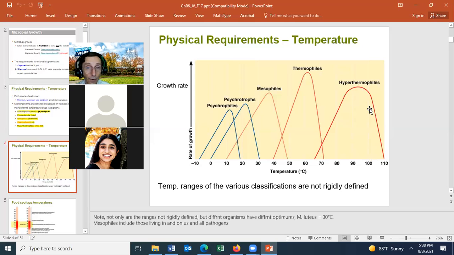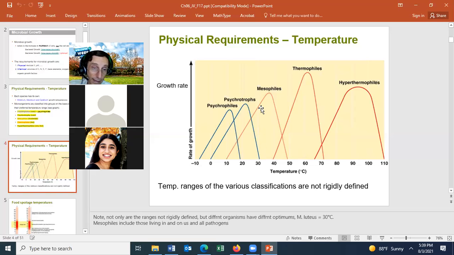Now, when we say an organism is a mesophile or whatever, the optimum and the range are not highly defined. Each species will have its own optimum and its own range. For example, most human pathogens do grow best at 37 degrees Celsius, but Staphylococcus aureus, when it's growing on the skin, or Micrococcus luteus, which is only found on the skin, grow best at around 30 degrees.